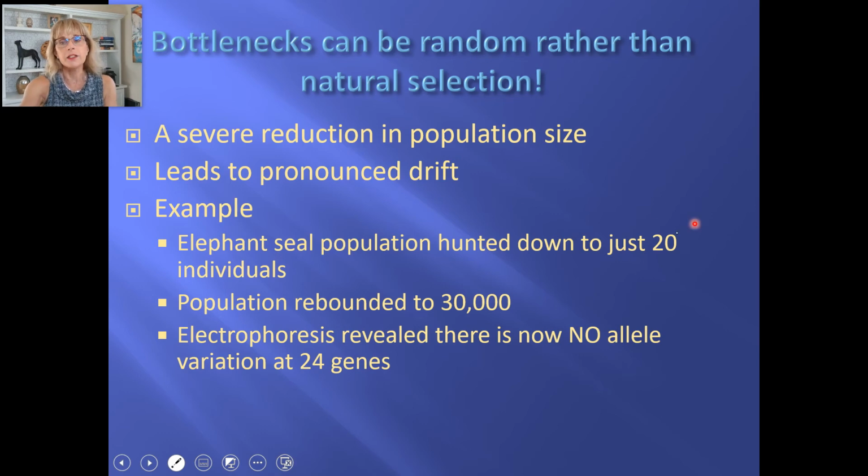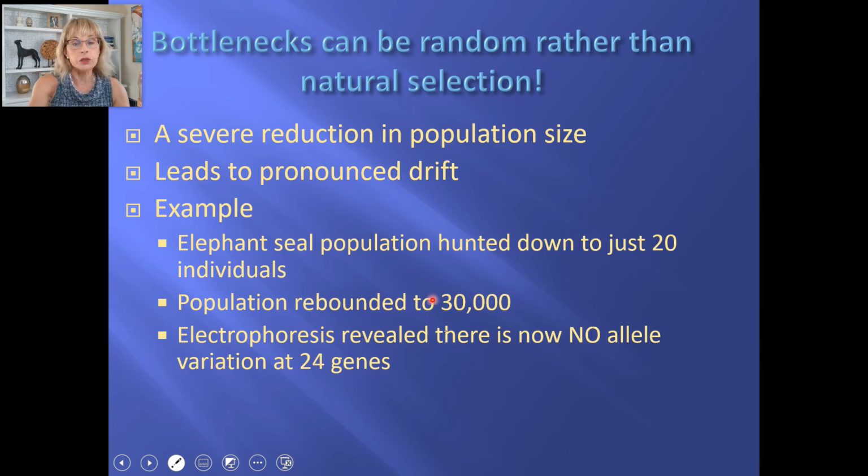However, when they got hunted down to just 20, it was probably just 20 individuals that just happened to be living in a part of the coastline where it was very difficult for a boat to get to, or from out at sea, you couldn't tell that there was a cove there at all, right? So it was just dumb luck.